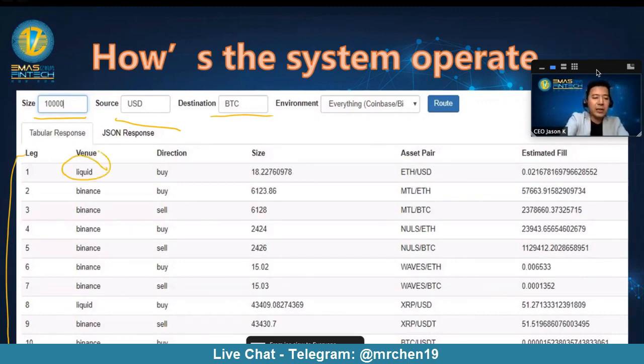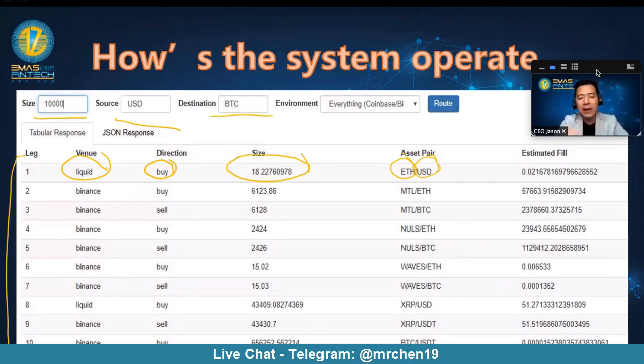At first, you can see Liquid. This is the Liquid exchange. What we will do here is execute a buy order from US dollar to Ethereum, and the size of Ethereum is 18.2276. This is not the full size of 10,000 US dollars, no. But 18.2276 is the most suitable size of Ethereum that someone has placed on Liquid exchange for sale.